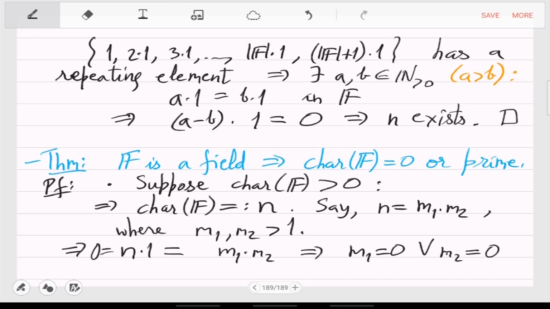The question is, is it different? Why is it different? So we have put 1 here. That's a good point. There is a 1 sitting here, right? This 1 is from the field. It's true that m1, m2 are numbers and the field F may not have numbers.